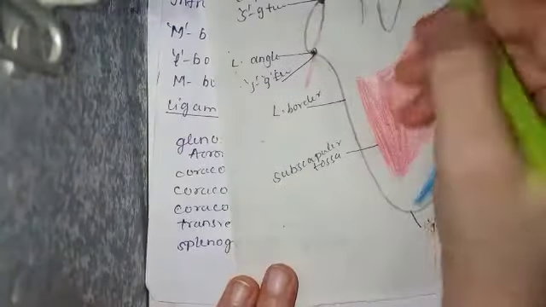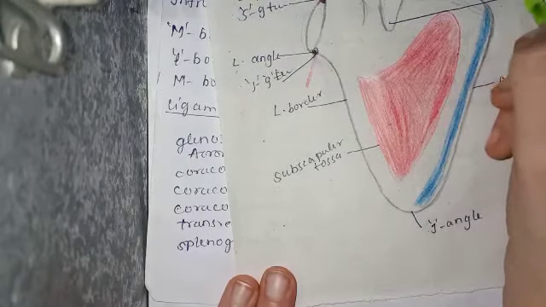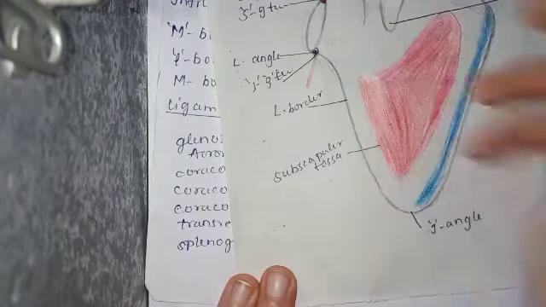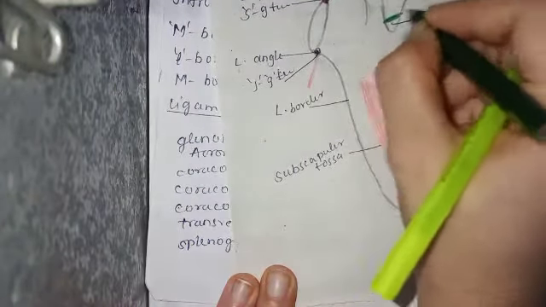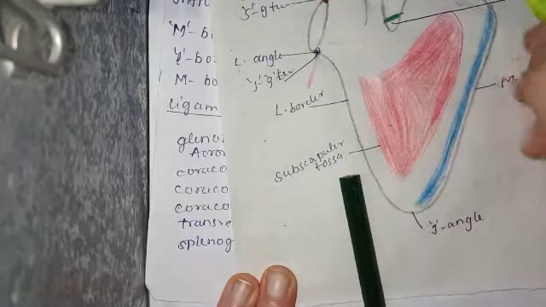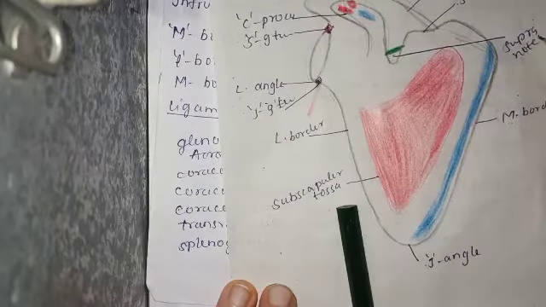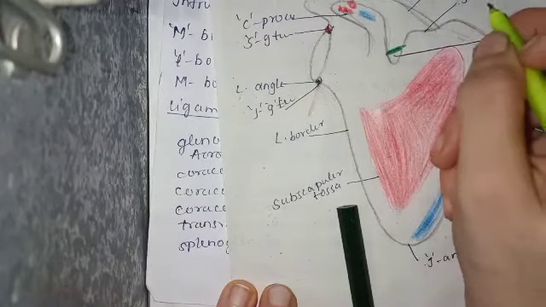This is the notch, the ligament is present here only. This is the sphenoglenoid ligament. It bridges at the suprascapular notch. This is the suprascapular notch. Here we can see the suprascapular vessels and nerves.